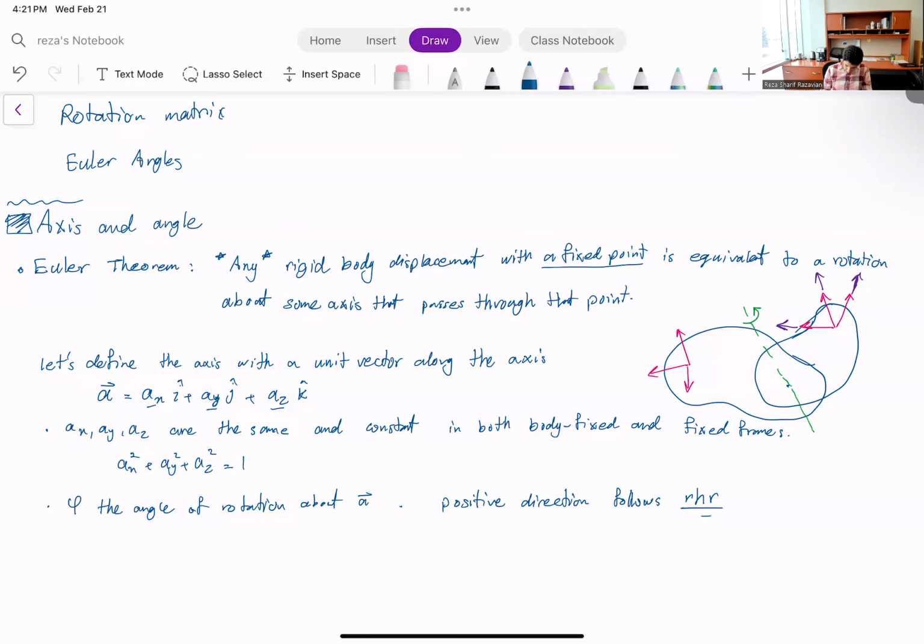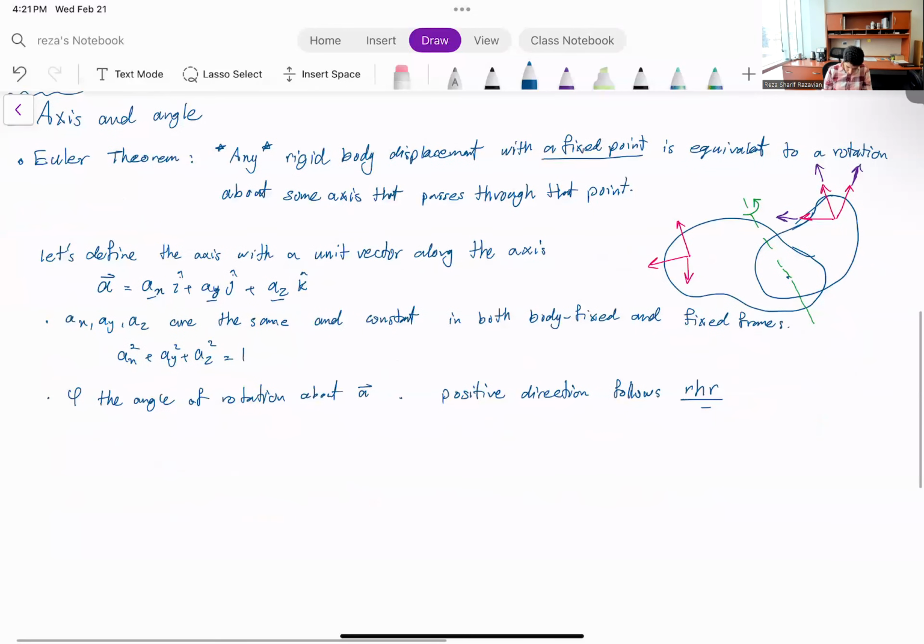And in this case, we always define phi between 0 and 180 degrees. So what happens if we go more than 180 degrees? We flip the direction of the axis and then define the angle with the opposite direction phi.